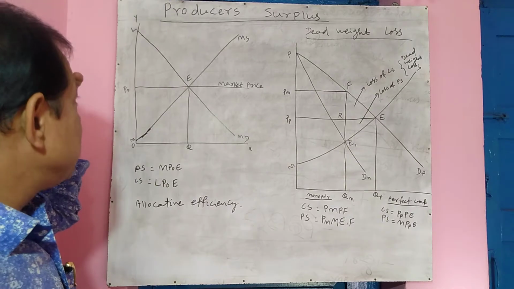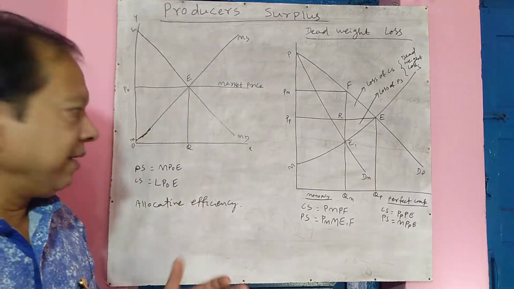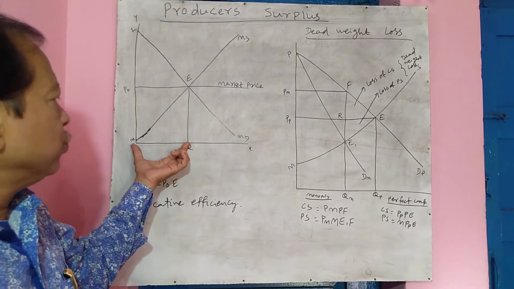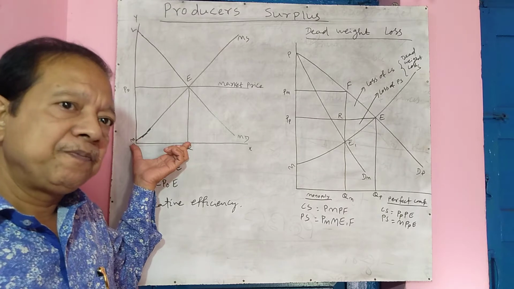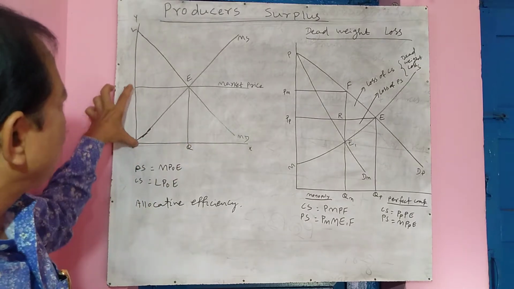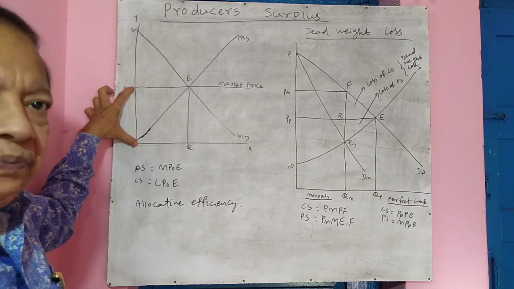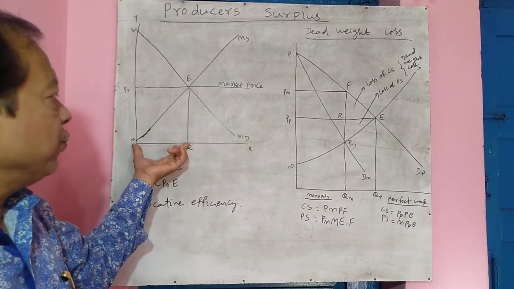Now if OP0 is the market price, remember, to sell OQ amount of goods, what will be the total revenue of the producer? He is to sell at a price of OP0, and the total quantity of goods he is to sell is OQ.